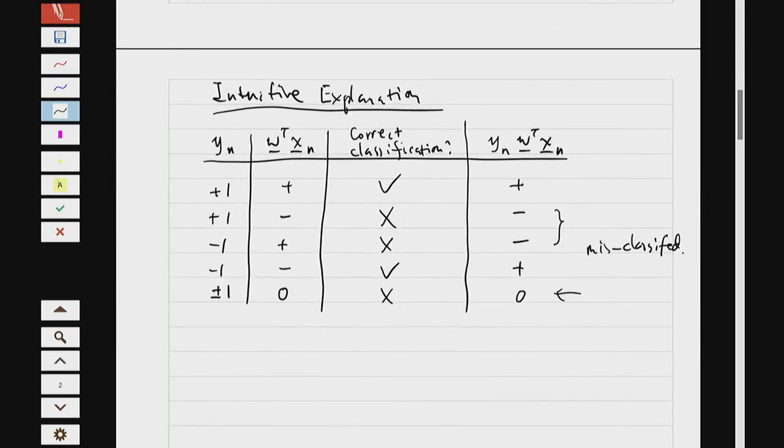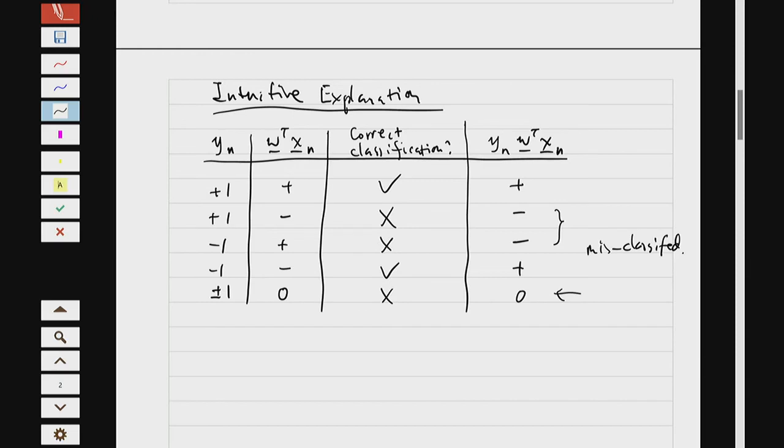If they have the same sign, then the product is positive. So our objective really is to make sure that for every single point, this product is positive. Then we're all set. Then there is no error.